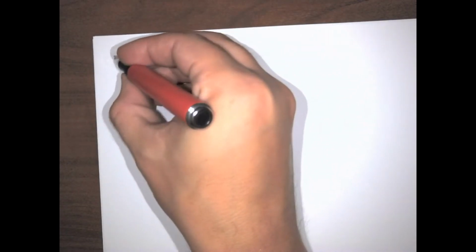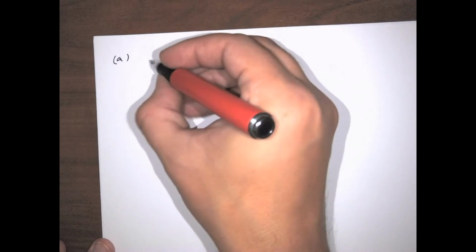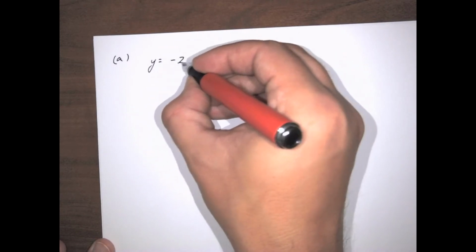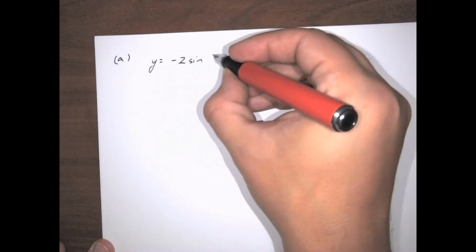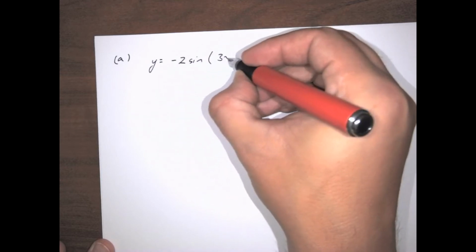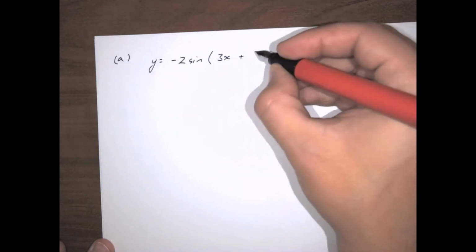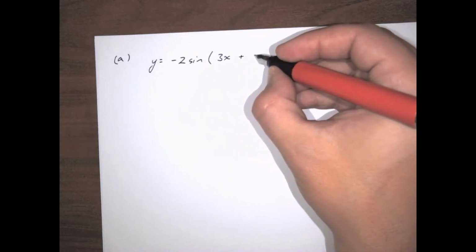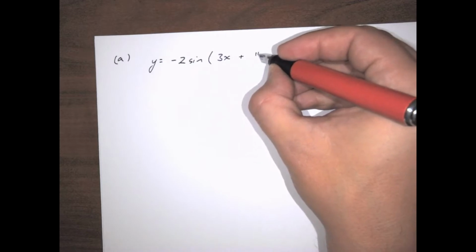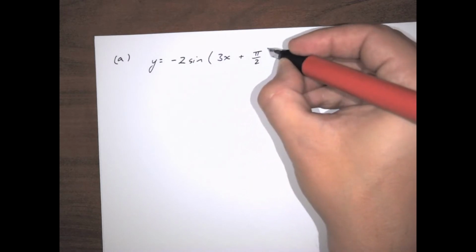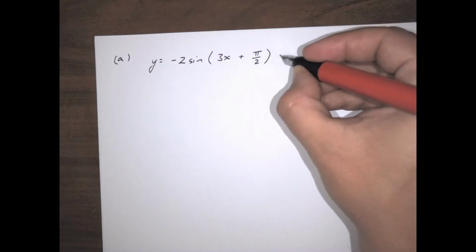So, as an example, first let's just take something like this. y equals -2 sine 3x plus, let's say, plus pi over 2, plus 1.